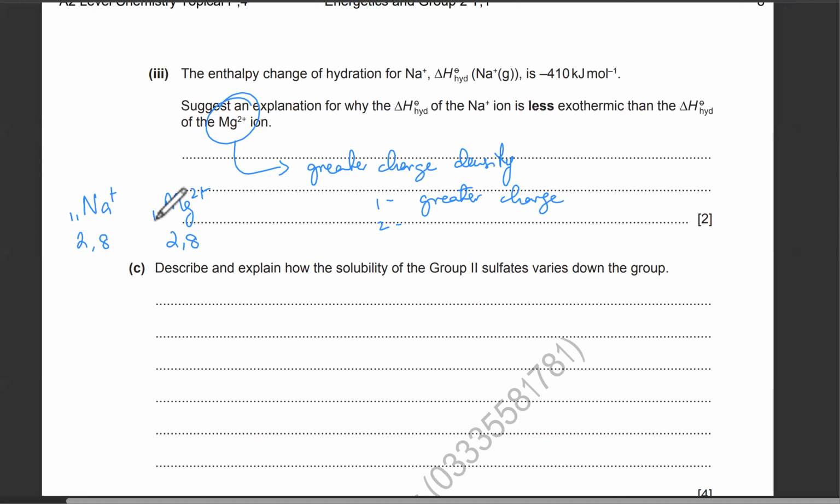But Mg has 12 protons, so it's got a stronger attraction for its electrons, which is why it's also going to have a smaller ionic radius. Okay, is this clear?